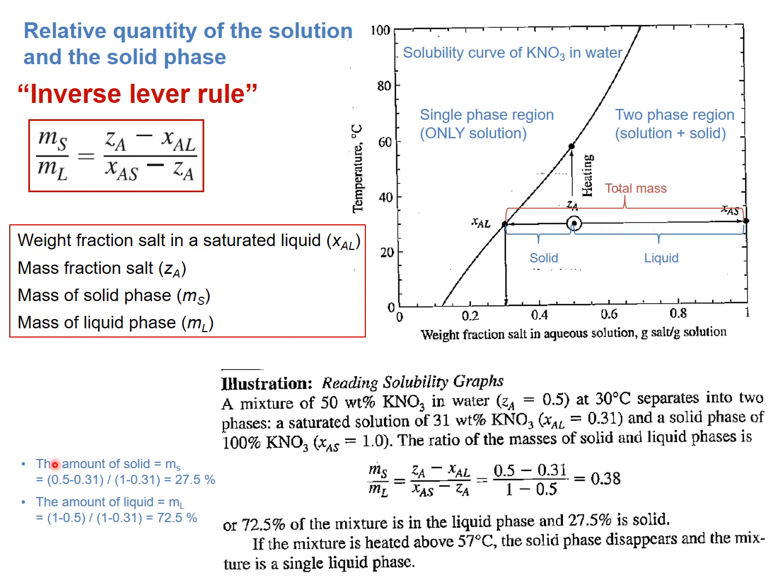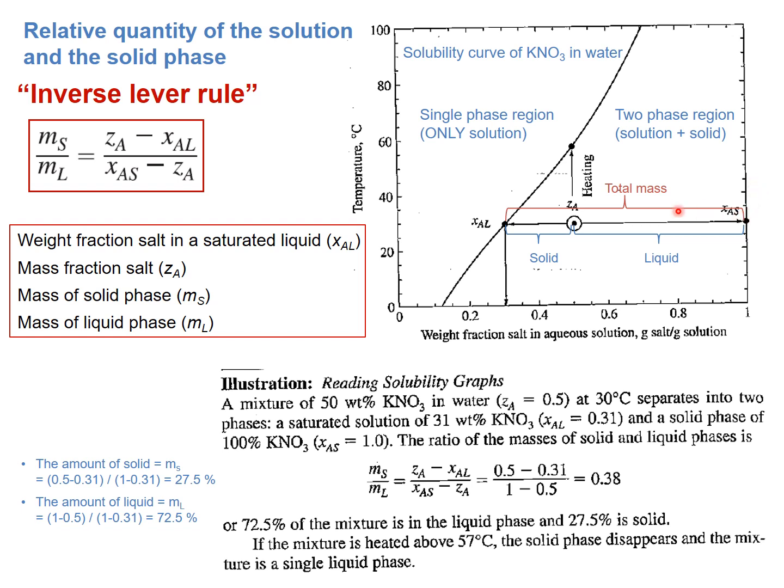So the amount of solid is this length, far from the solid line. So 0.5 for ZA here and 0.31 for XAL. So 0.5 minus 0.31 is the solid length, per the full length of this line, which indicates the total amount of solid plus liquid.